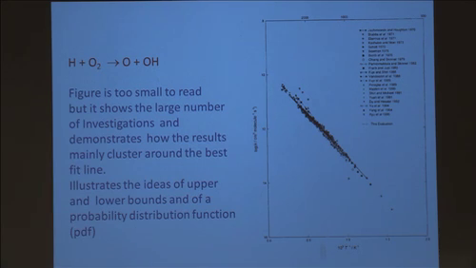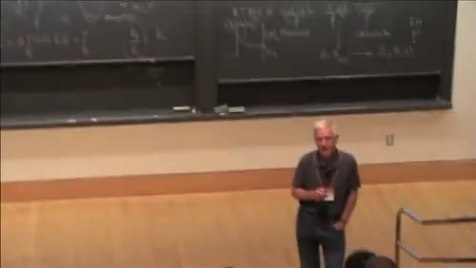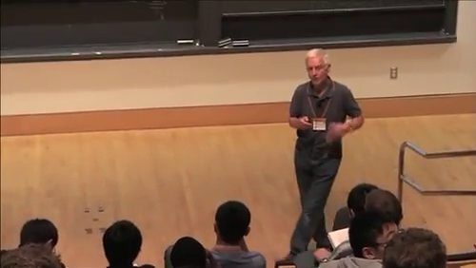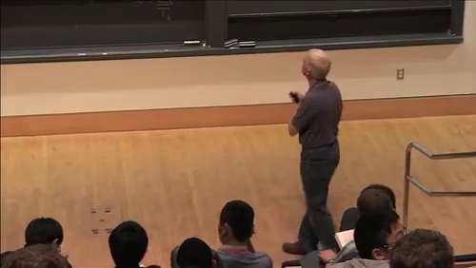But that distribution was not used in any way in determining the uncertainty in the rate parameters. Those uncertainties were simply the basis of a gut reaction by the evaluator.